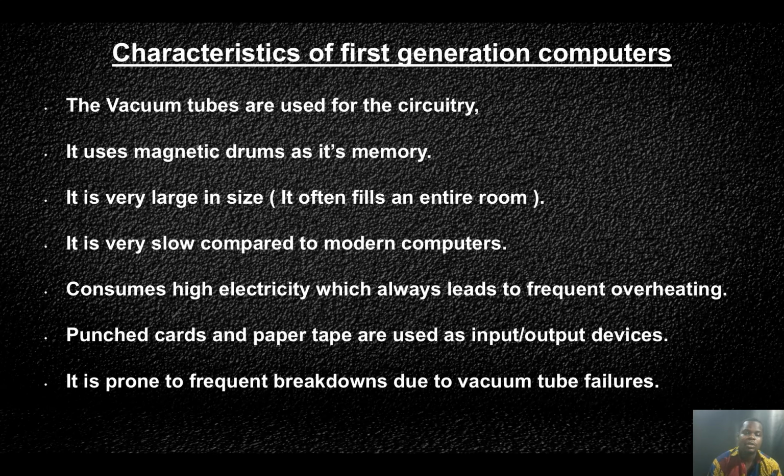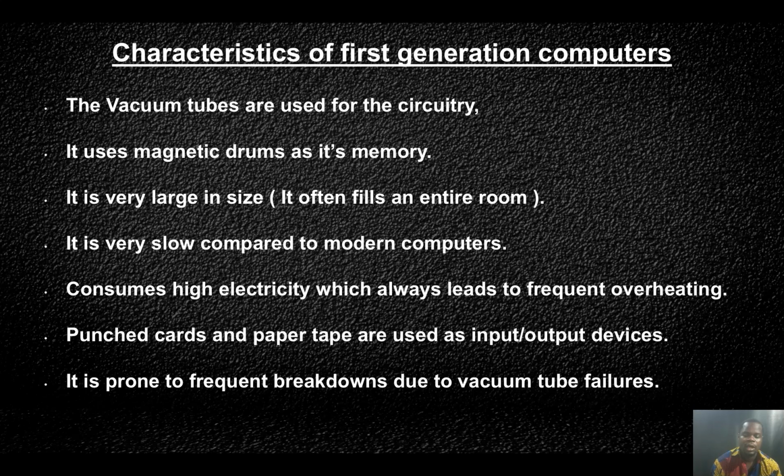And one thing about these first generation computers, they consume higher electricity. And those things lead to frequent overheating. What about their input and output devices? We know for now we use input and output devices like mouse, keyboard, and so on.